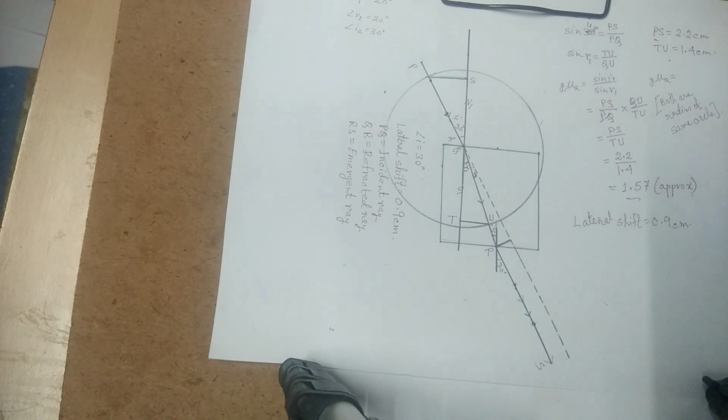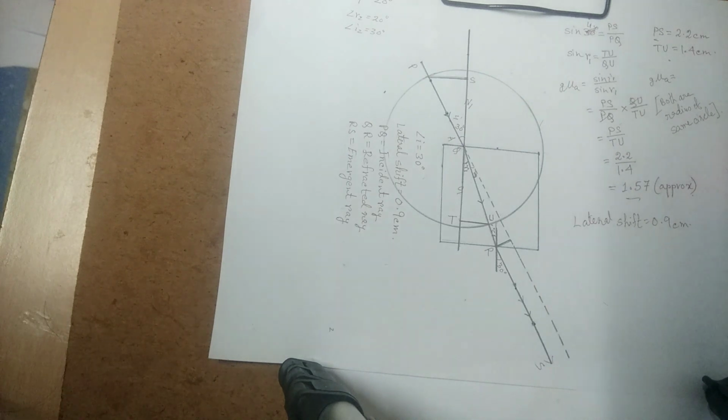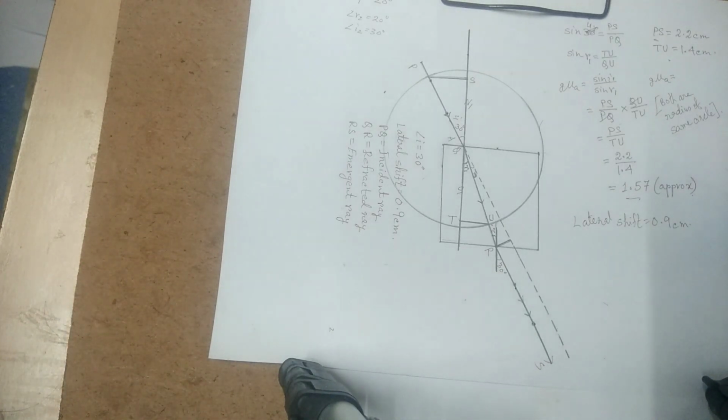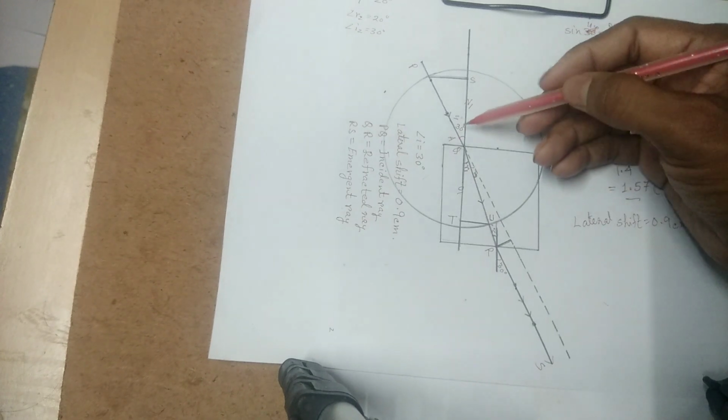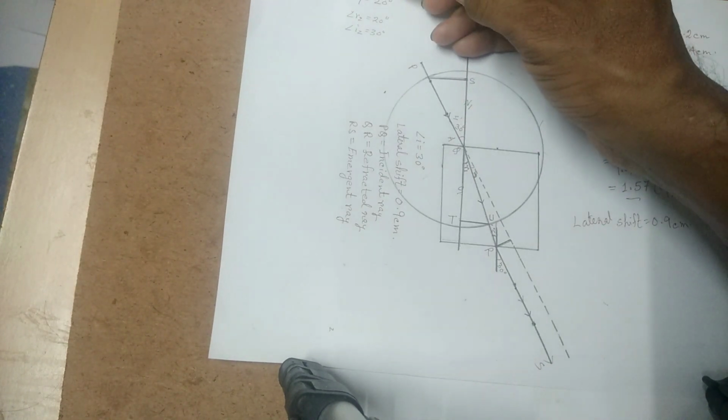Right? We have found the refractive index and also the lateral shift. Lateral shift is 0.9 centimeter and refractive index of glass with respect to air is 1.57 approximately. And this is our correct answer. Also you can find that this experiment is correct because you see that angle I1 coincides with angle I2.